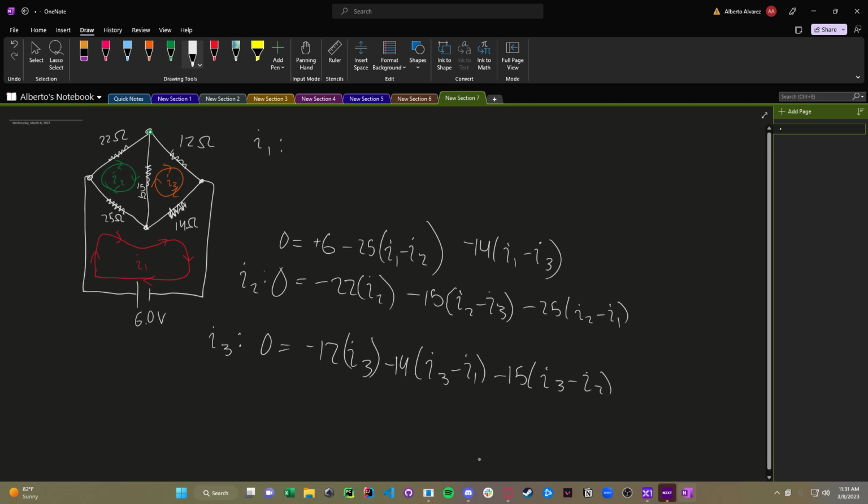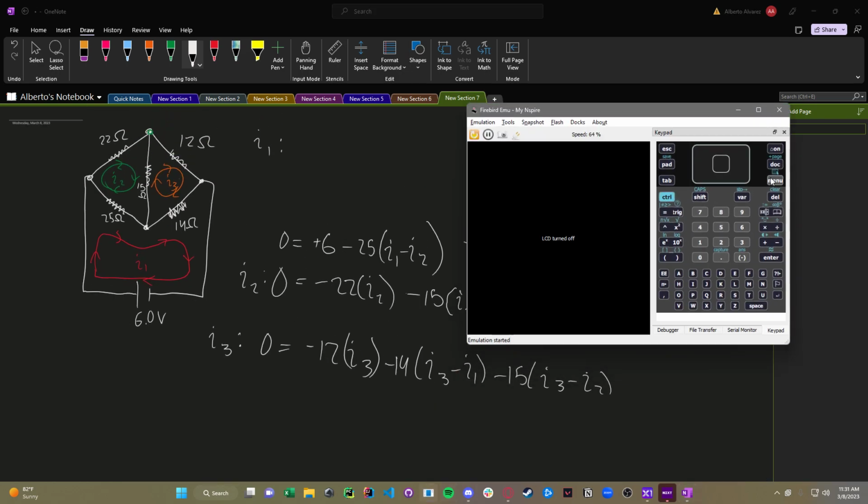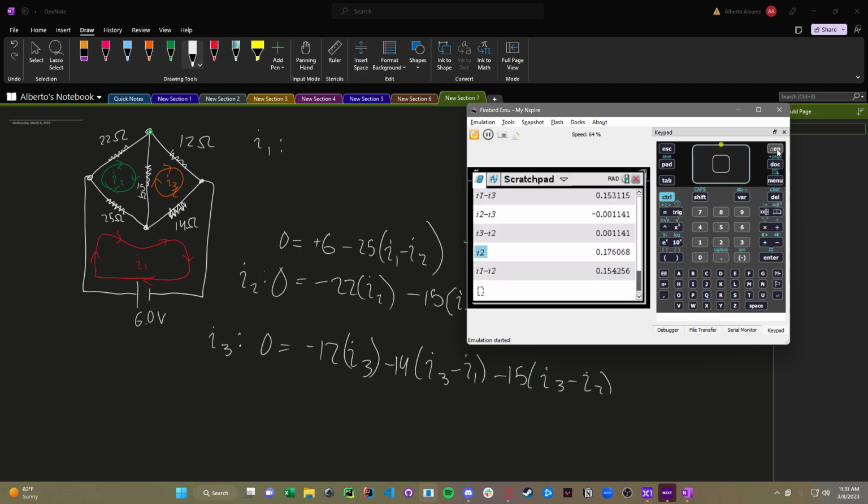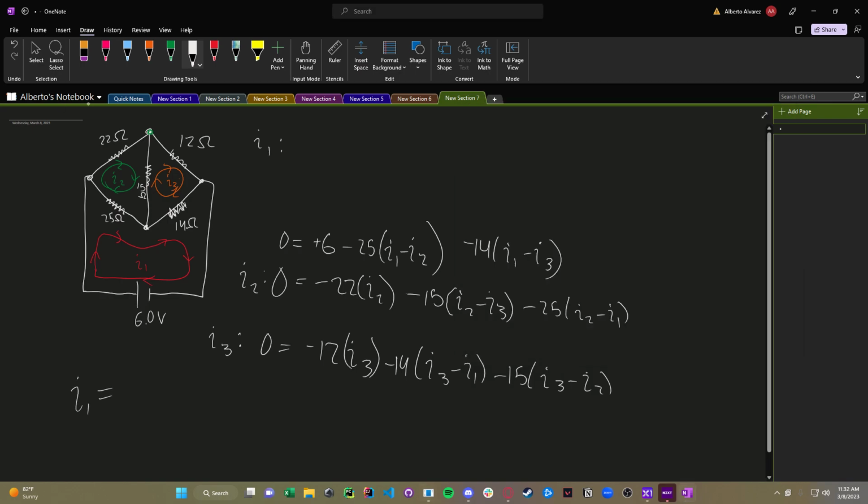And I could show you the algebra behind it, but I'm just going to go ahead and show you a quick system of equation solver here on my virtual Nspire. And we get that I1 is equal to 0.330324 amps.